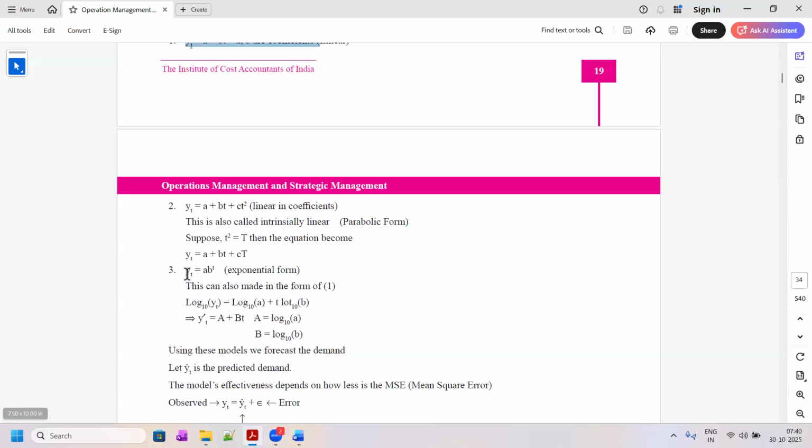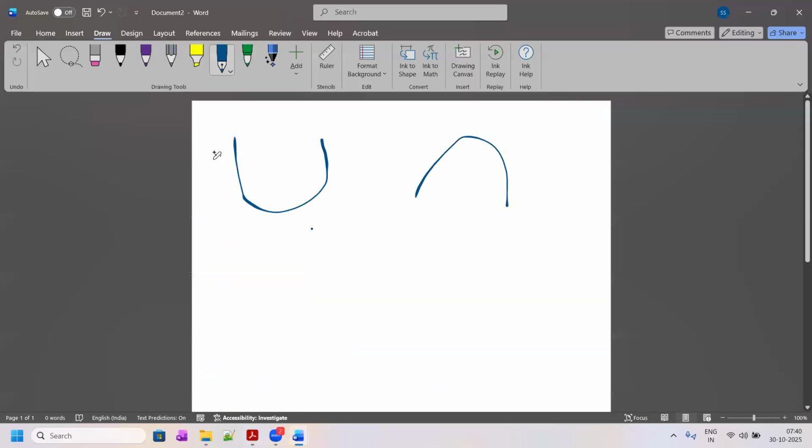If it is an exponential relationship, y is equal to a into b to the power t. Many people are not good with basic maths. If you want to study this exponential relationship, you studied logs. Why are we taking the log?